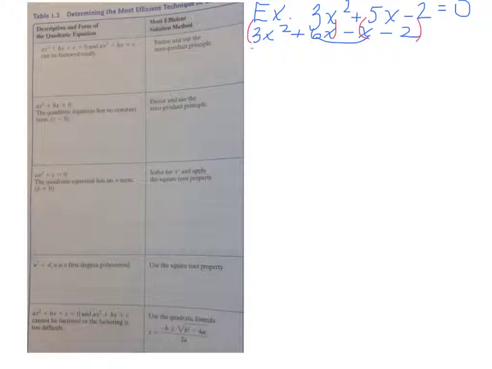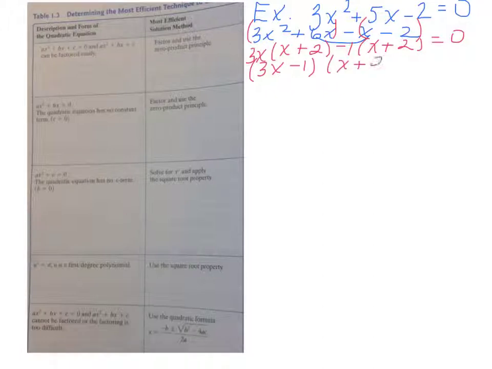So I'll take out a 3x, and that leaves me with x plus 2. I'm going to take out a -1, and that leaves me with x plus 2. And you set them equal to 0.